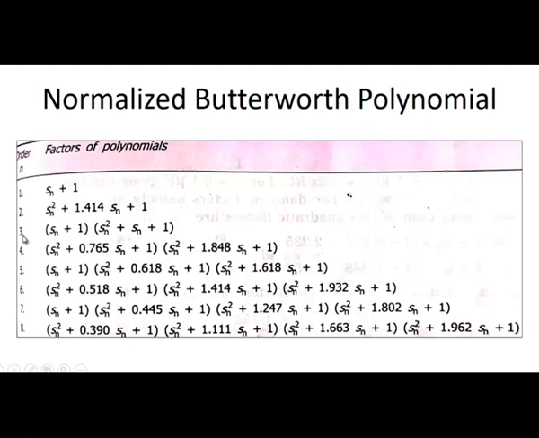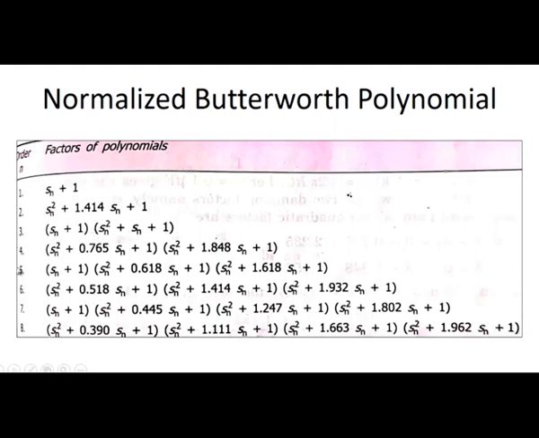For the third order, we know that we will add a first order filter with the second order filter. So, this is the denominator of the transfer function of the entire filter, Sn plus 1 into Sn square plus Sn plus 1.